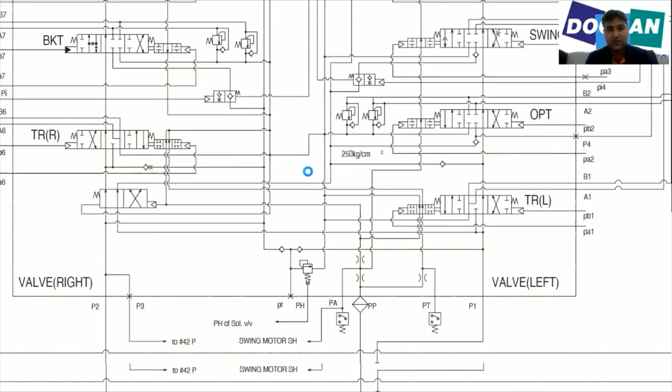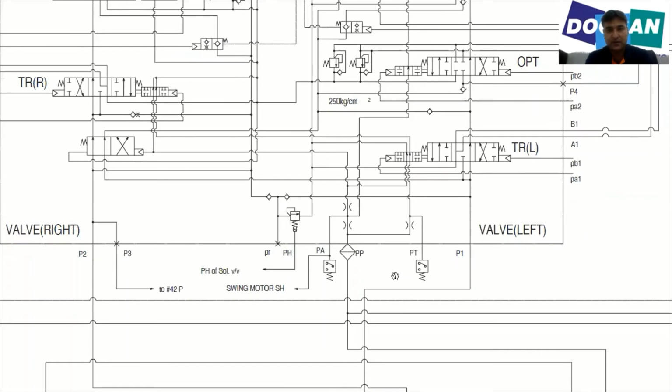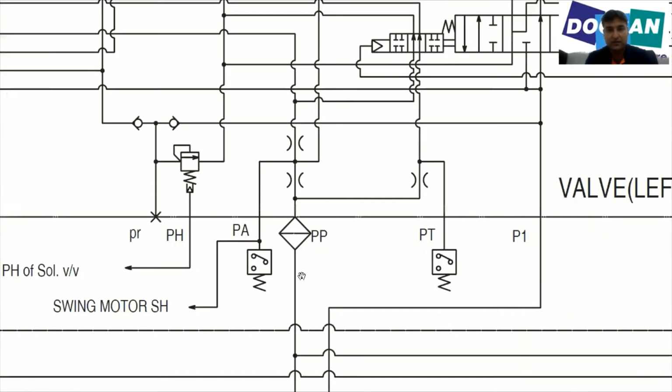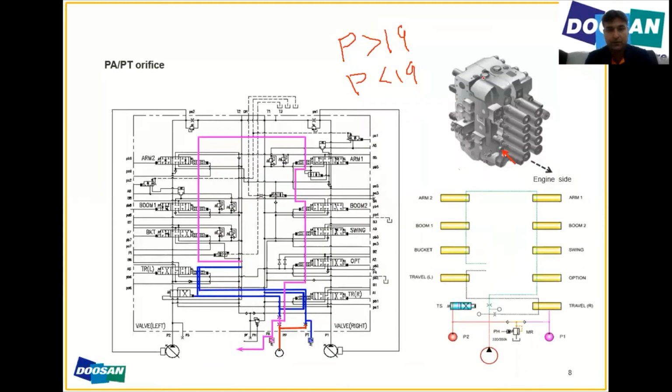So when the pressure is less than 19 bar, this switch remains open. When it remains open, the pressure here is very low, less than 19 bar.